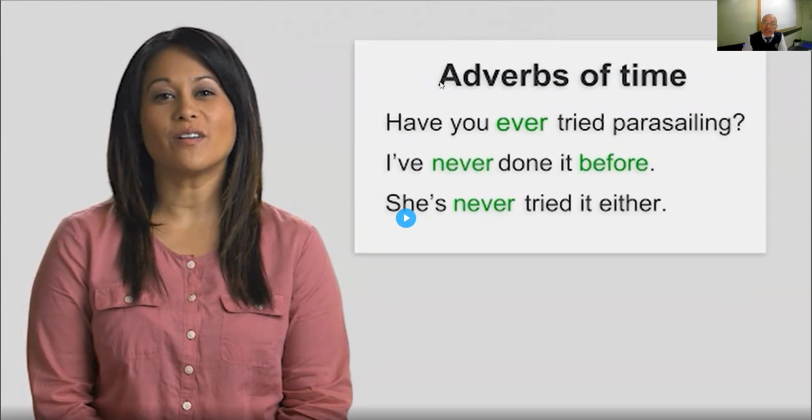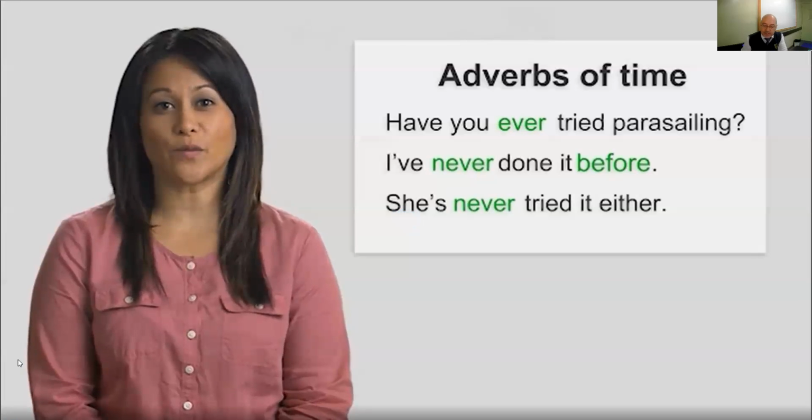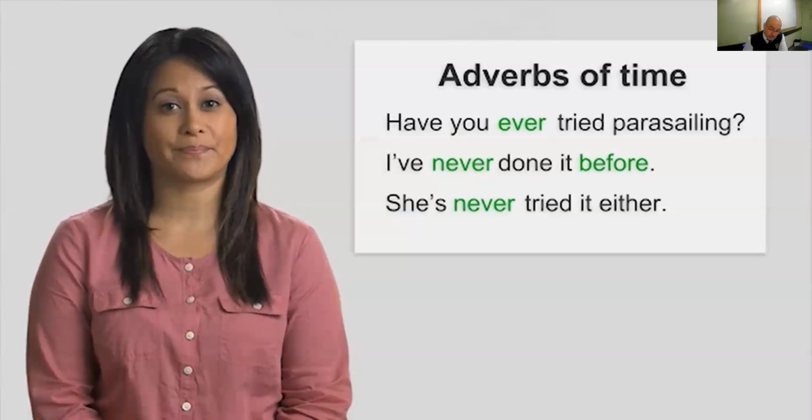Some of these can be used in the middle of our sentence: have you ever, I have never, she has never, okay? And before goes at the end, and yet as well. Remember this.